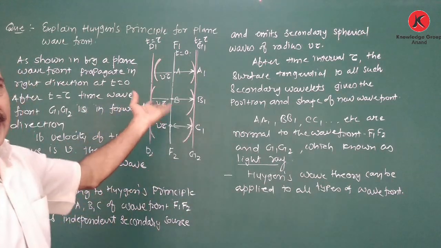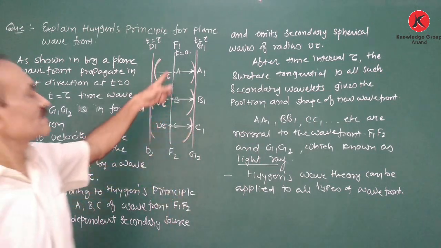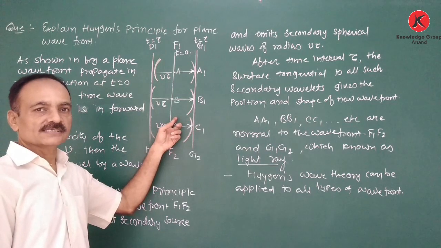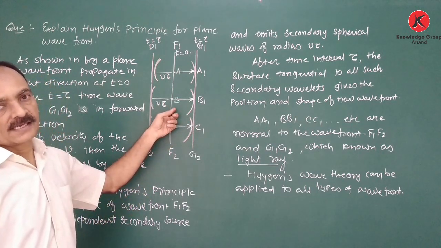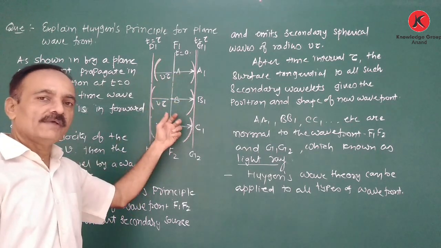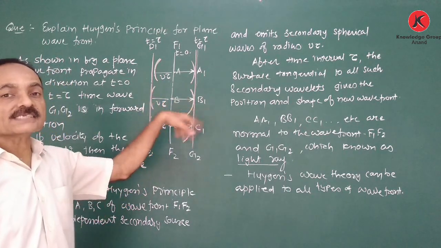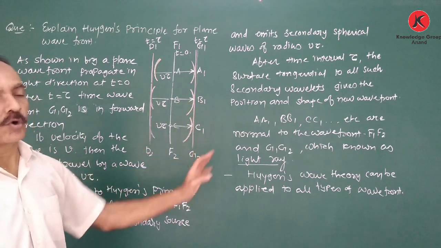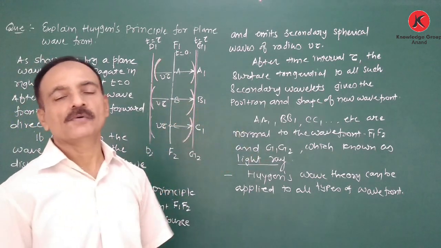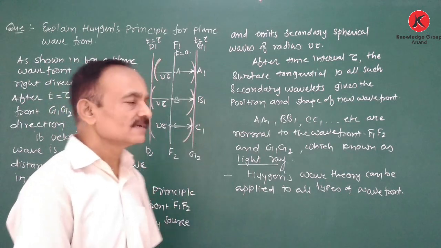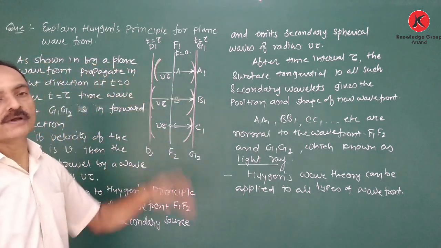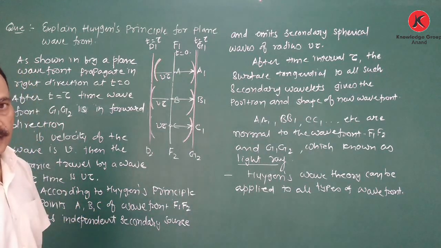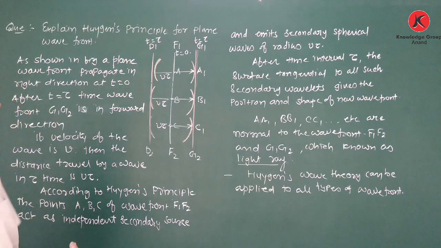The principle is the same: all the points of a wavefront behave as secondary sources and emit secondary spherical waves. After some time interval, the surface tangential to all secondary spherical waves gives the new position of the wavefront. Clear? Okay.